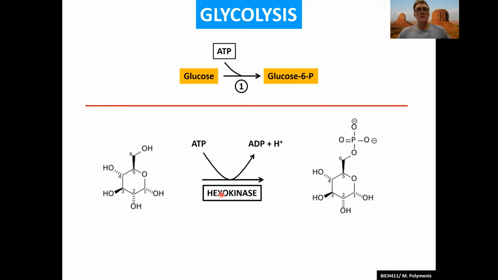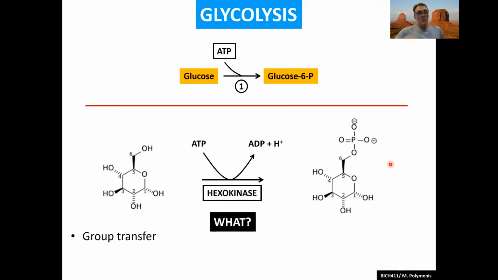Hexokinase moves the gamma phosphoryl group of ATP onto the oxygen of the hydroxyl group on the 6-carbon of glucose. As a result, you have glucose that is phosphorylated at the 6th position. It's got a phosphate now at the 6th position.